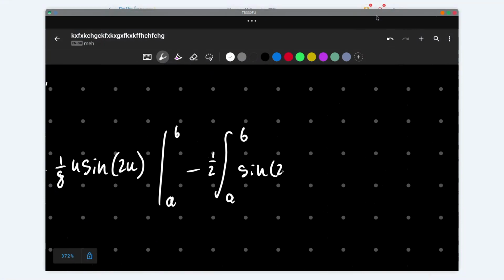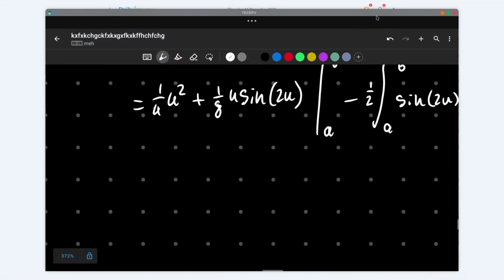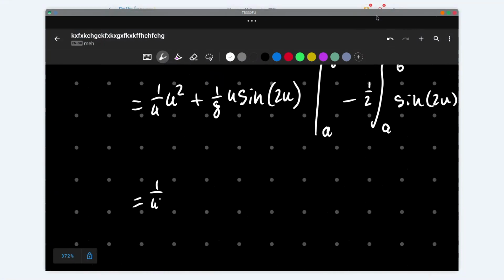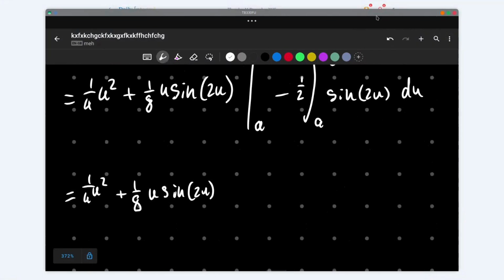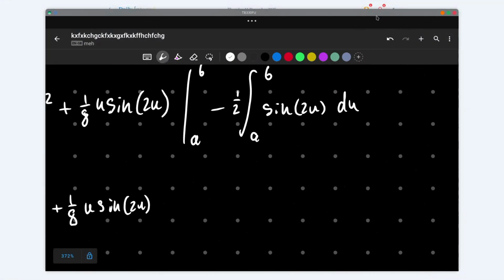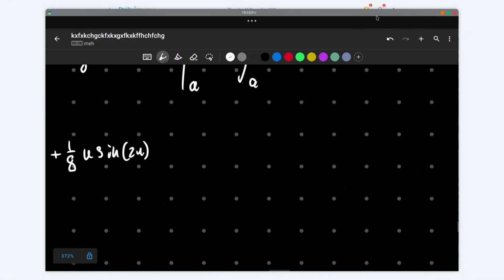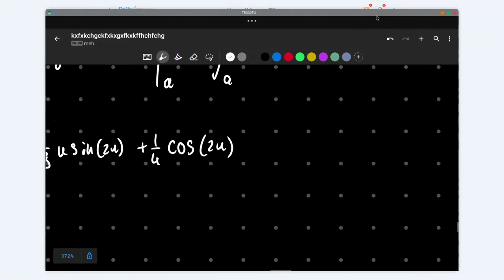Sine 2u du: 1 over 4 u squared plus 1 over 8 u sine 2u, minus would become a plus 4 cos 2u, because it would have been a minus.